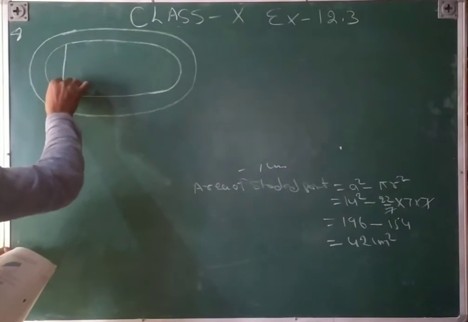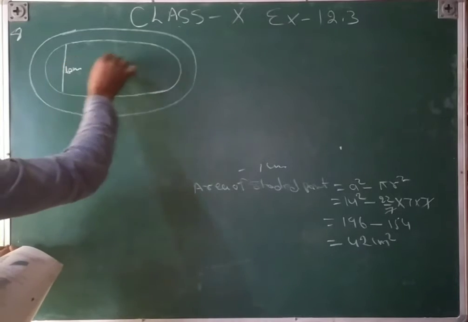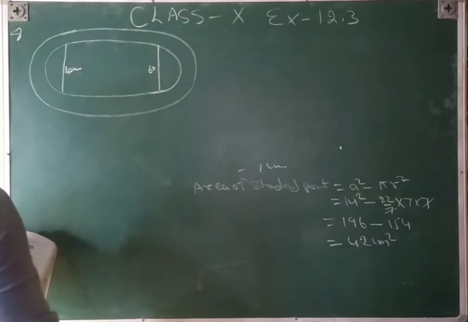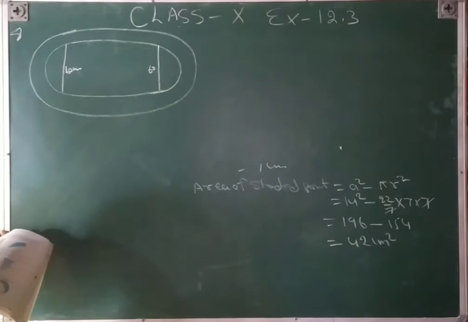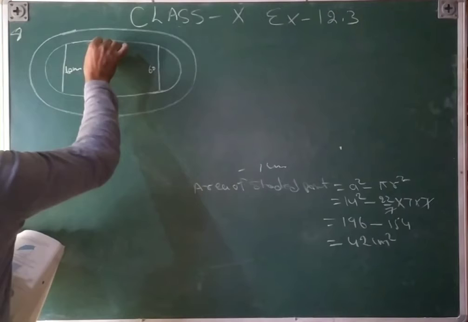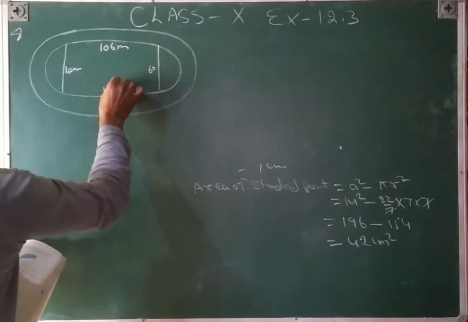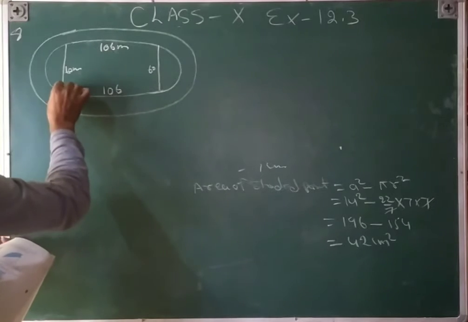This is 60 meter, this also 60 meter. And then they are each 106 meter long. This is 106, this will also be 106.